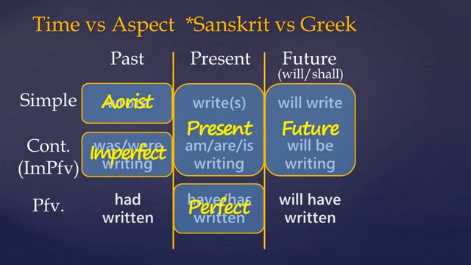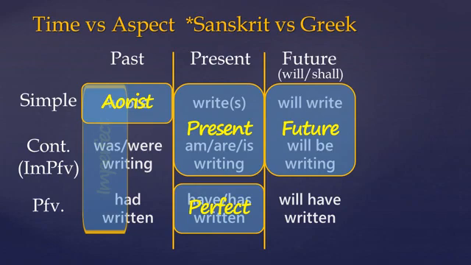So now if we compare these Sanskrit tenses to those of ancient Greek, we know that the aorist, the imperfect and the perfect are all general past tenses, but in Sanskrit the imperfect has no specific imperfective meaning. Unlike its Greek and Latin counterpart, the imperfect is actually neutral in aspect, allowing for both imperfective and perfective interpretations.